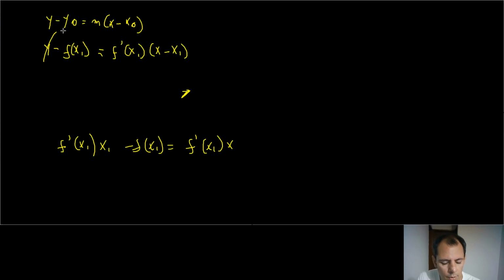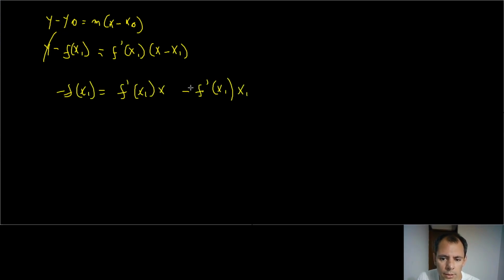Actually, I did make a mistake with the sign. 0 minus f of x1 equals f prime x1 times x minus f prime x1 times x1. So I'm going to do this a little bit slower.